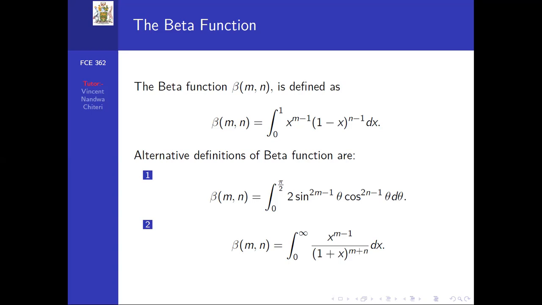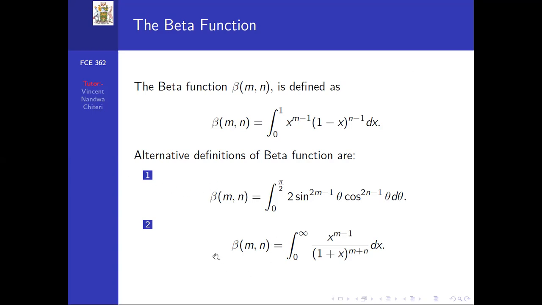Now, it is always advisable to know all these three different definitions of the beta function, because you may be given a problem that requires a simplification using the first definition, where the limits are from 0 to 1. Sometimes you'll be given a problem which has limits from 0 to pi over 2, which calls for the definition given in 2.